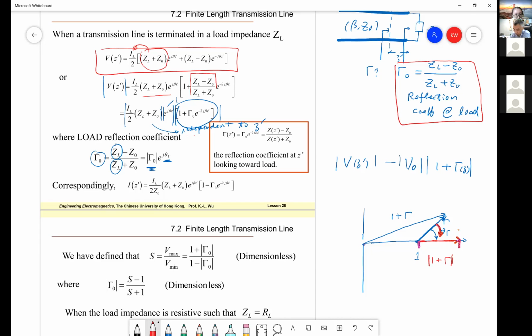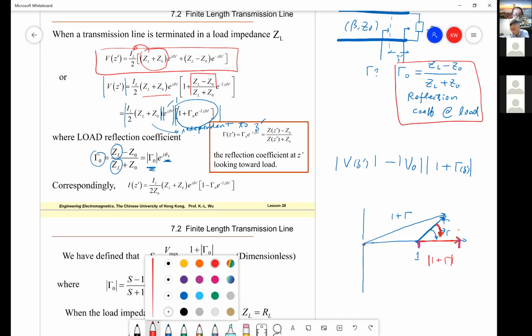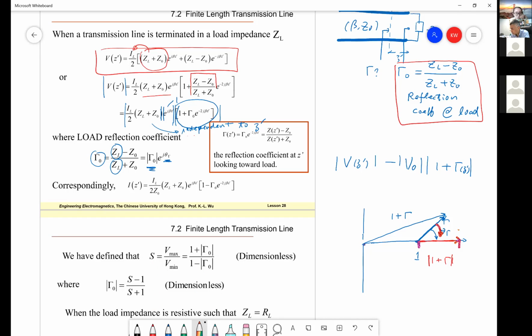Okay, so if I rotate this to this side, then I can roughly estimate this comes here. So this is my 1, oh, sorry.